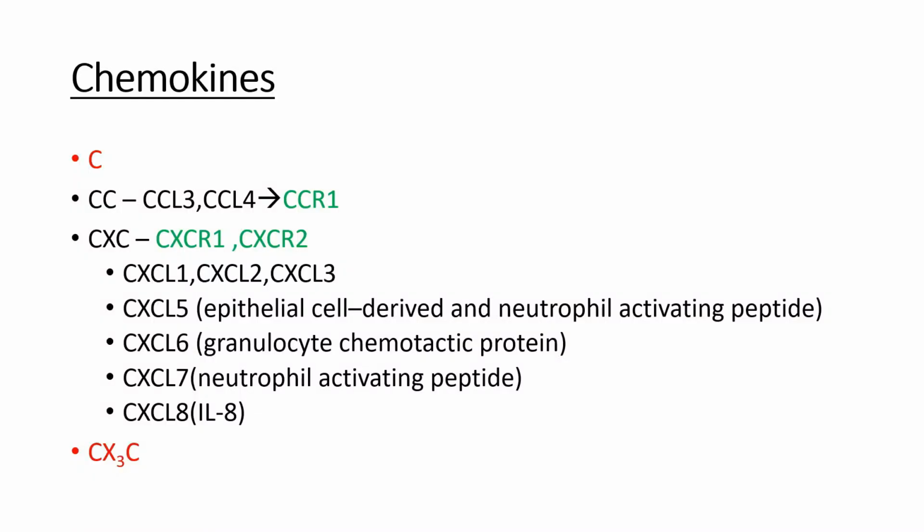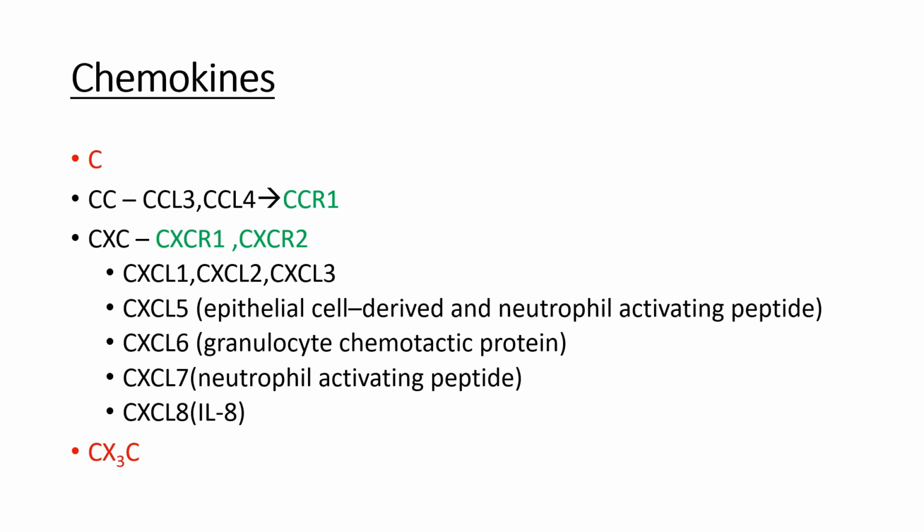Coming to chemokines. Chemokines are nothing but low molecular weight cytokines. They are divided into four subclasses: C, CC, CXC and CX3C. Among all these, CC and CXC are related to neutrophilic activation.